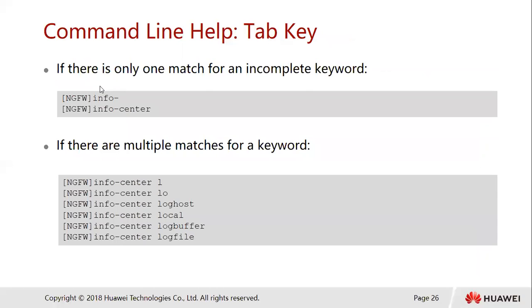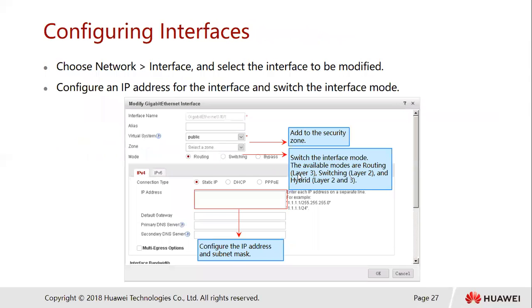And then the tab key, I said earlier on, you don't have to write the whole of this command. You can just type info dash, and then you press the tab key on the keyboard of your laptop, and it will be able to complete the command.